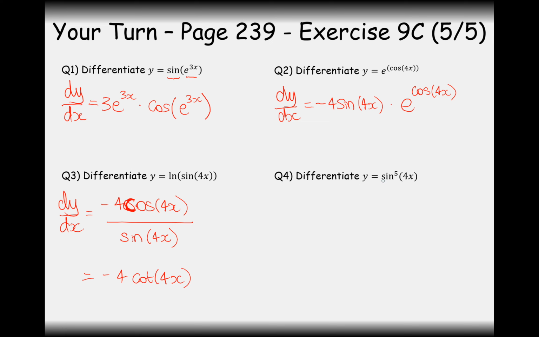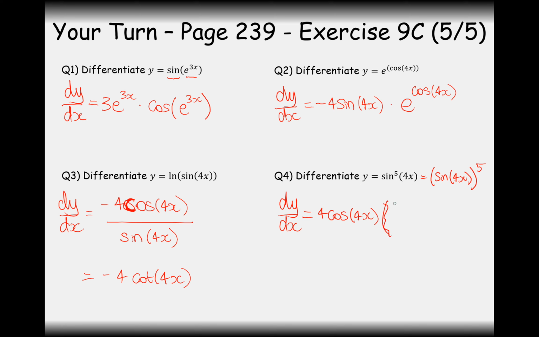Okay, and the last function here, remember this is going to be a sine to the power of 5, so it's going to be dy by dx. Now the inside function here is sine 4x, because remember, we can effectively write this as sine 4x to the power of 5. So the inside function is sine 4x, which differentiates to 4 cos 4x. And then we differentiate the outside function, which is effectively the power of 5.